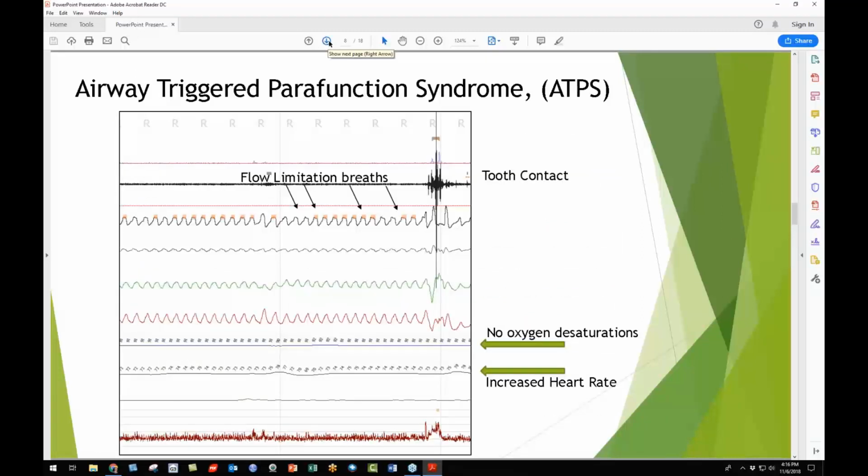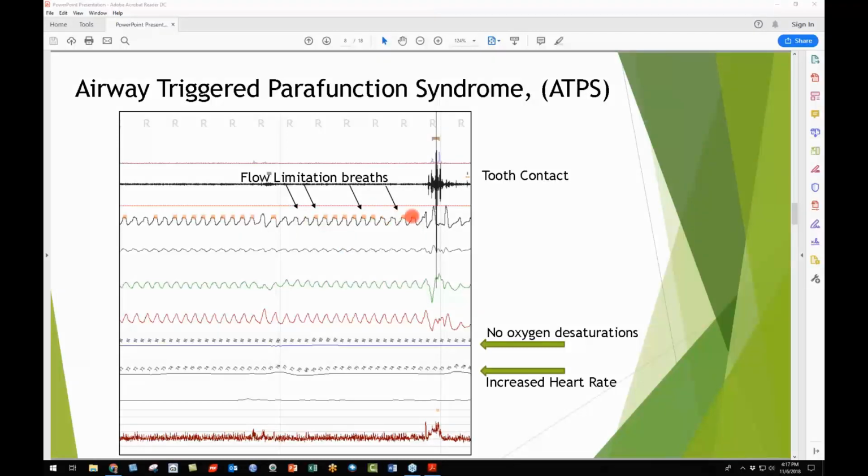All right, airway triggered parafunction. The first two slides that I just showed you were so you can get a feel for what a clench and a grind look like, which I call a parafunction. And what I want to start adding to these slides is these triggering events. In this slide, there is a series of flow-limited breaths.